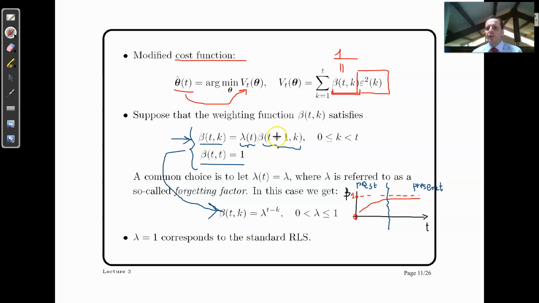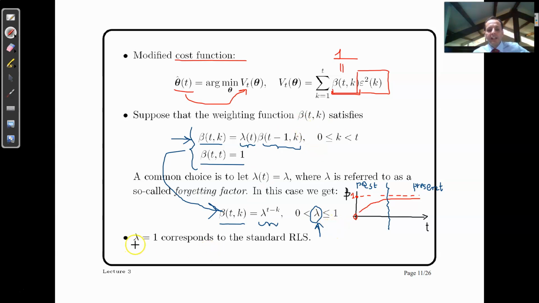It can be shown that this difference equation has a solution given by this function, lambda to the power t minus k. Lambda is what we call the forgetting factor. It's very important, because it has a range between 0 and 1.